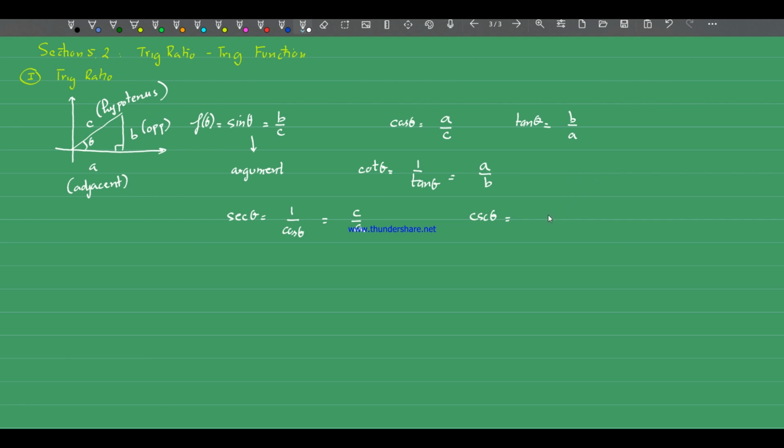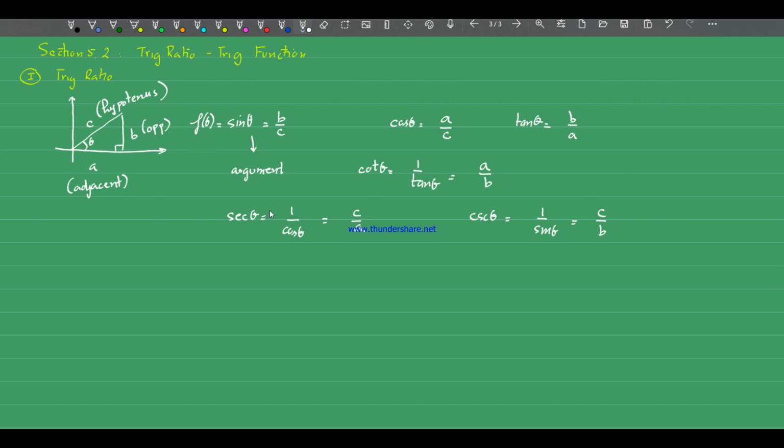It's 1 over sine theta. And this gives you C over B. Okay, so these are the basic standard trigonometry functions you need to know, you need to try to memorize them.